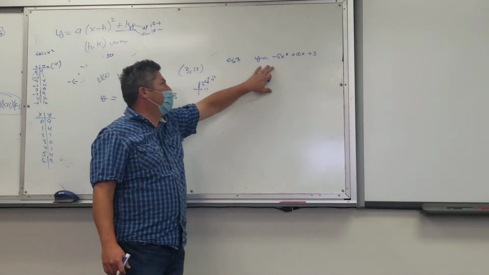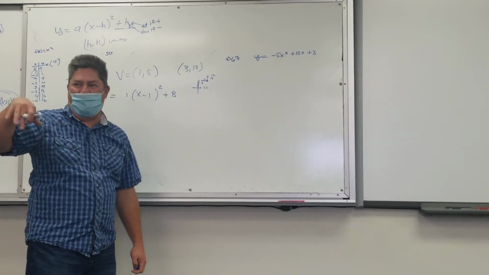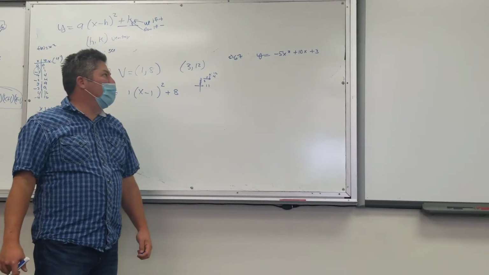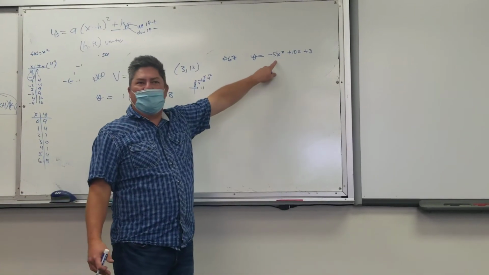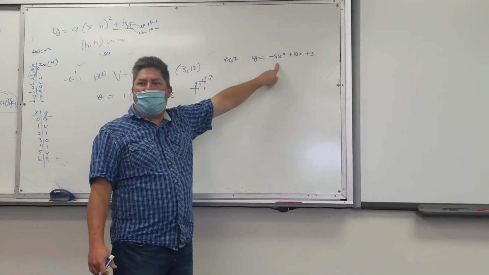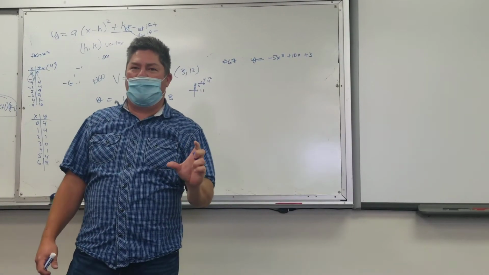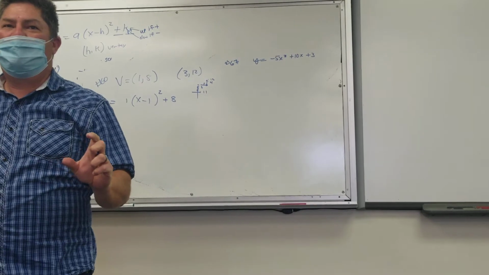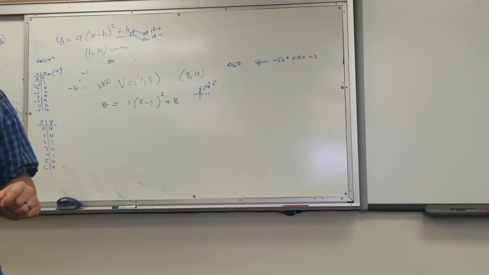Okay, let's try this one. There are 2 ways to do this one, but I'll just show you one way and then the other way we're going to learn later. First of all, we can put this in vertex form because we can find the vertex of this. This was set 3.3. How do I find the vertex given the equation? What's the key little tiny formula that we learned yesterday? I had you write it in your notes, and I circled it like 20 times on the board.